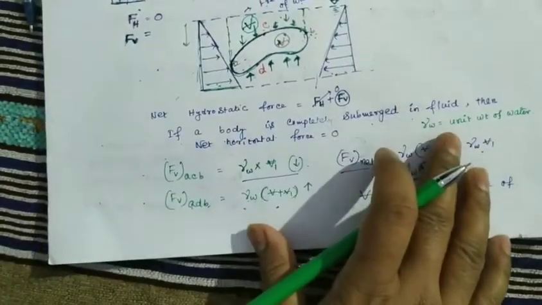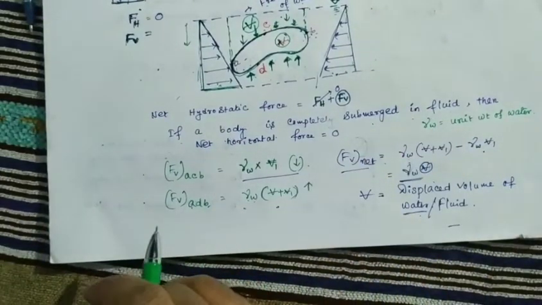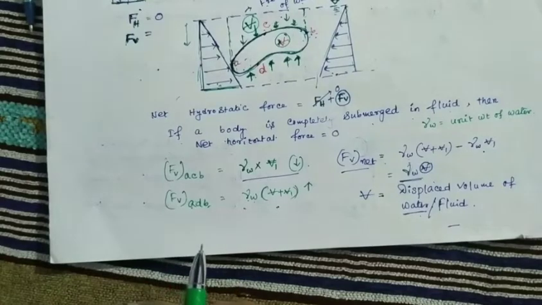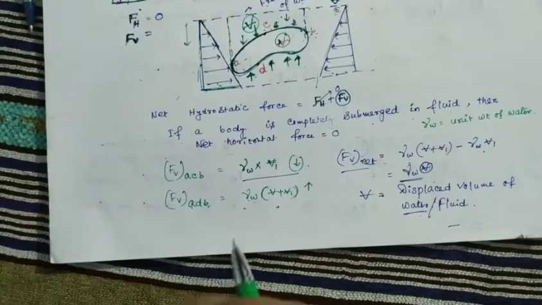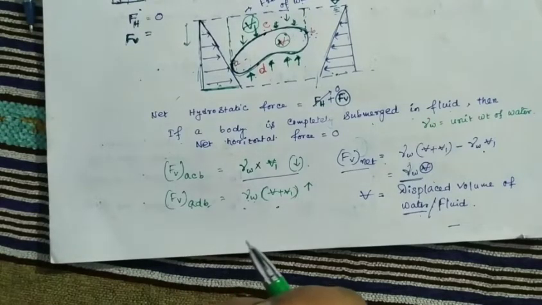First, I told you about buoyancy. What is buoyancy? Buoyancy is nothing but the upward force exerted by a fluid that opposes the weight of a partially or fully immersed object.